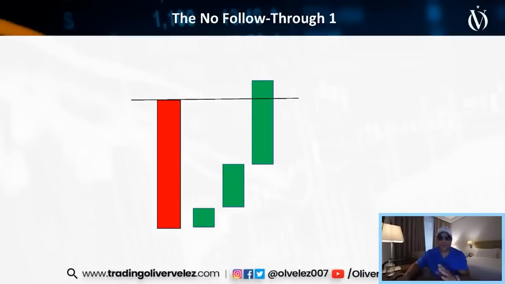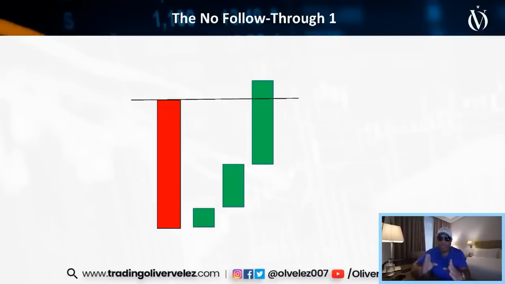It doesn't matter which green bar does it. It could be the 5th green bar, the 10th green bar, the second green bar. It could even be the first green bar. The key is that the red is completely recouped and the green goes past the beginning of the red. It takes out the high of the red bar.